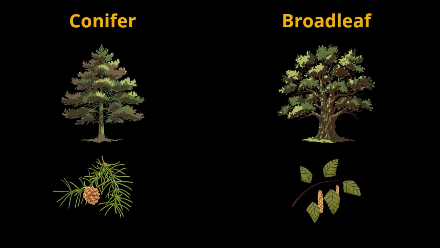But we do have these two broad categories here. We've got our conifers, which have needles and scales. They're kind of pokey, right? Sometimes. And then we have our broad-leafed trees, which have those flexible leaves that are shed at a certain time of year, theoretically. So we're going to come into some exceptions here.